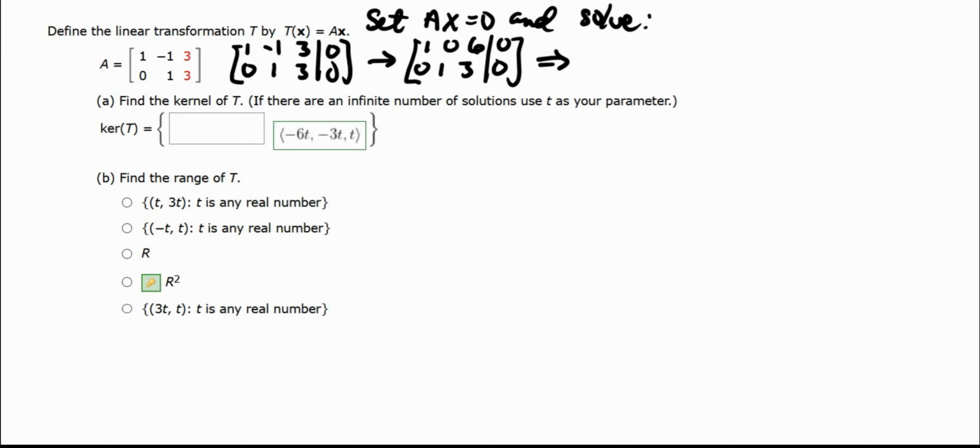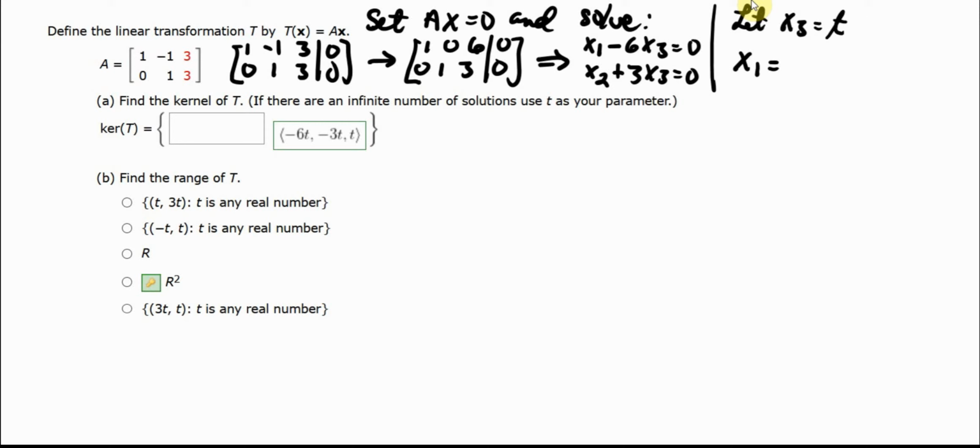Here we talked about it, I think back in chapter 1: to determine if it's going to be infinitely many solutions, subtract the number of rows from the number of columns, and that tells you what the floating parameter is going to be. So we have x sub 1 minus 6 x sub 3 is equal to 0. x sub 2 plus 3 x sub 3 is equal to 0. So we're going to let x sub 3 equal t.